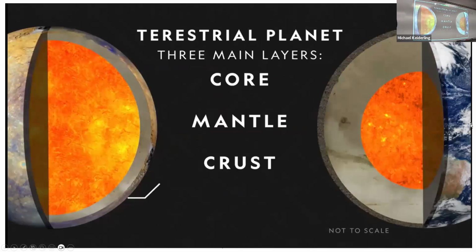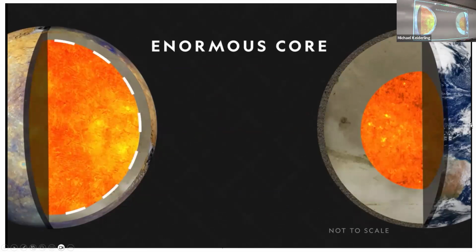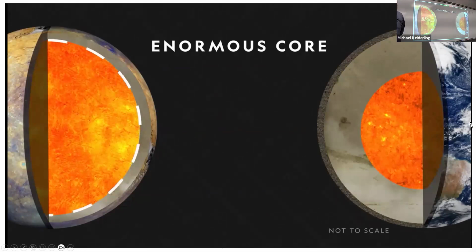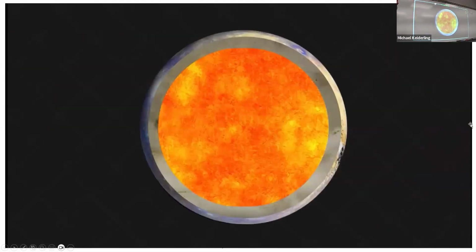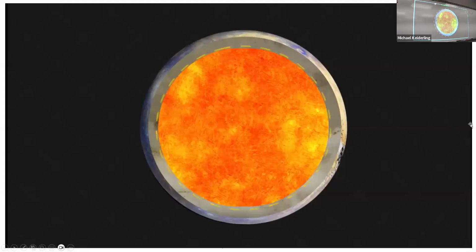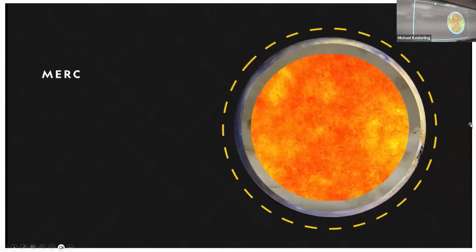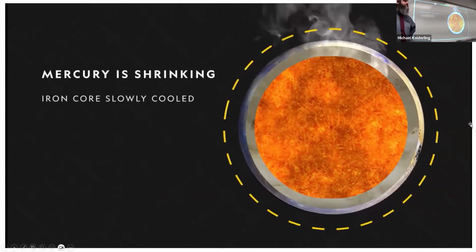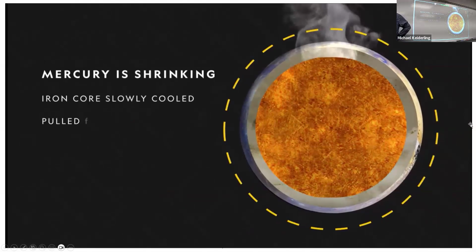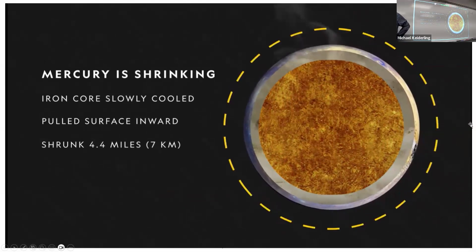Only Mercury's crust has no tectonic plates. Also, its iron core is enormous by comparison, making up 85% of its radius, while Earth's inner and outer core account for just 55%. Because of the core's exceptional size, it's had a surprising influence on Mercury's overall size by causing it to shrink. The hot iron core has slowly cooled and contracted over the planet's 4.5 billion years. In doing so, it pulled Mercury's surface inward and has caused the planet to shrink radially by more than 4 miles.